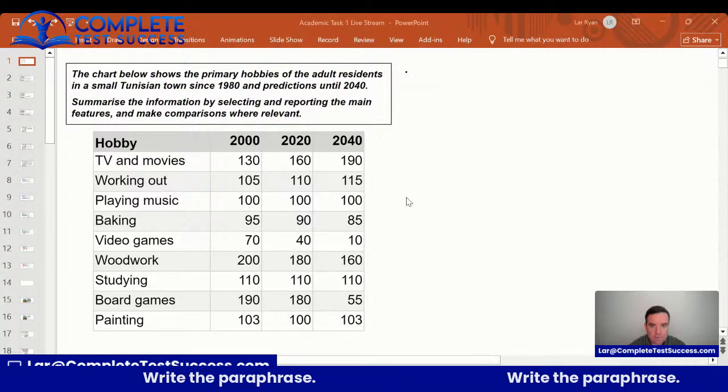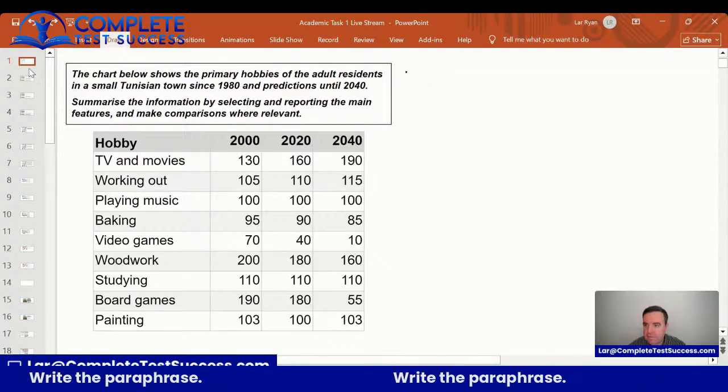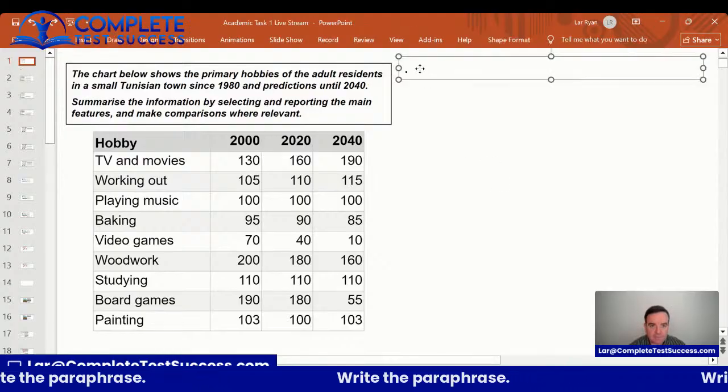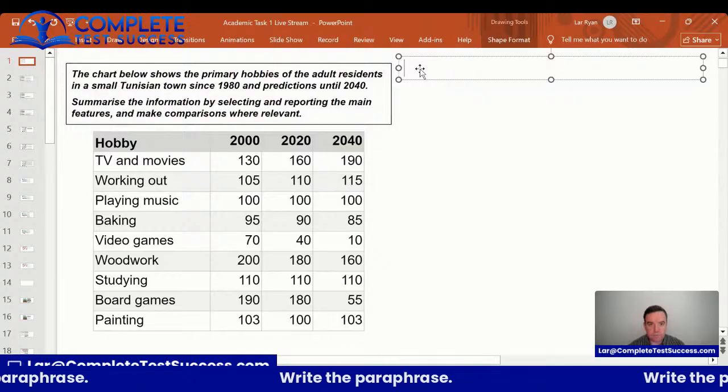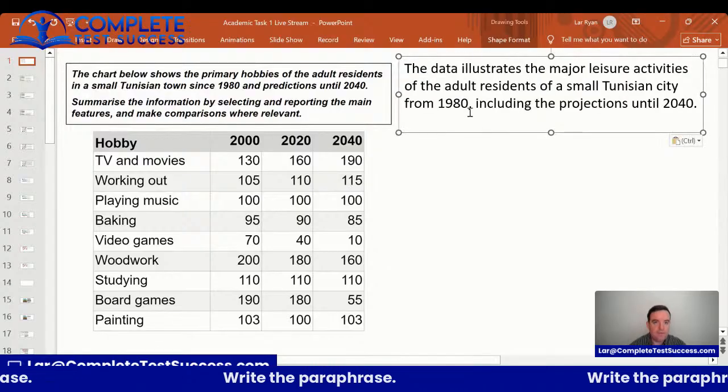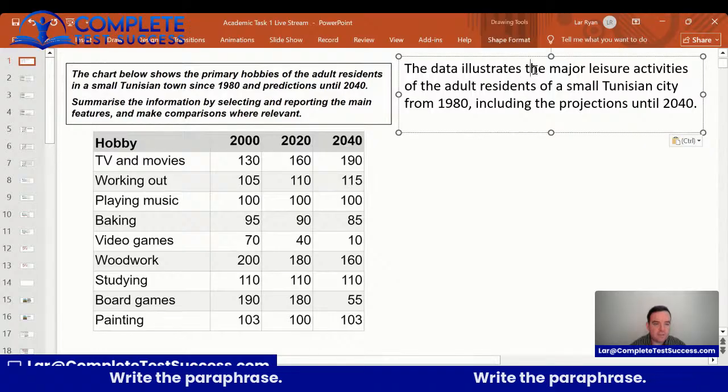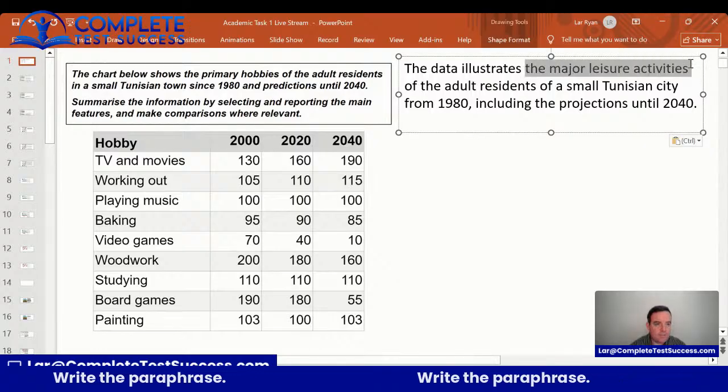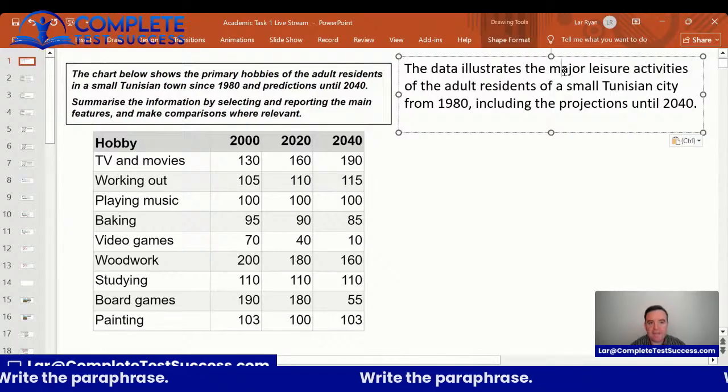Okay, so let me just pop that onto the screen here, and we'll fix up the little mistakes that we can find. All right, so the data illustrates the major leisure activities. So we'd say the main.